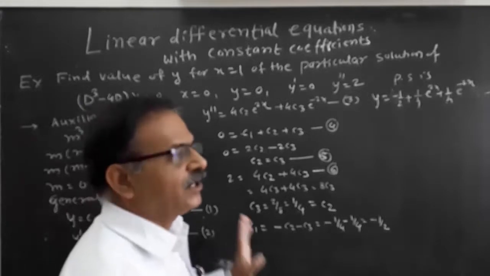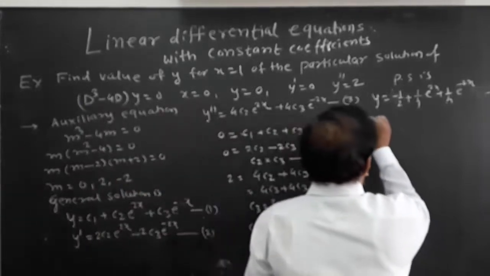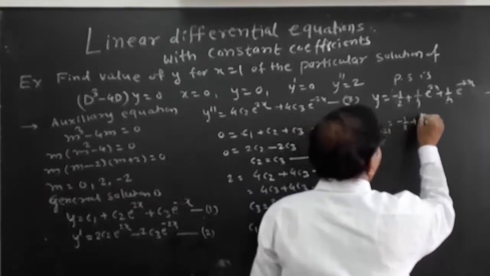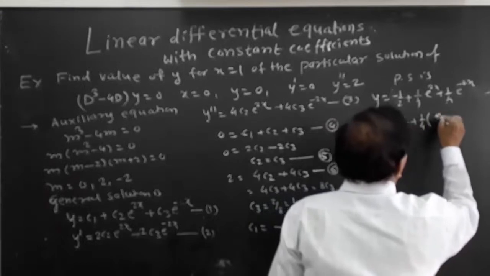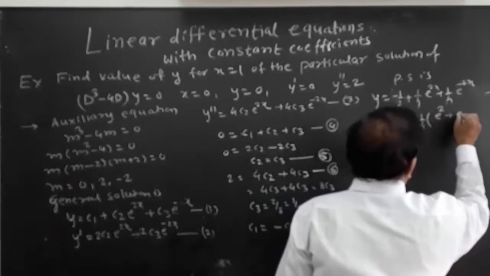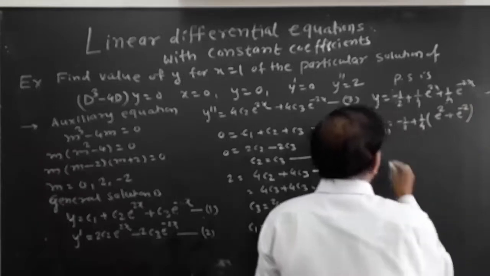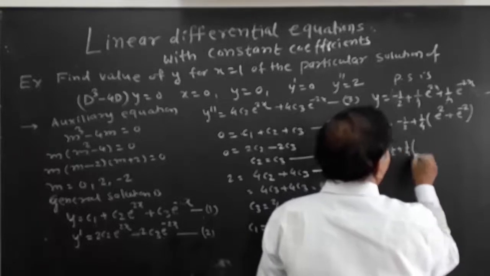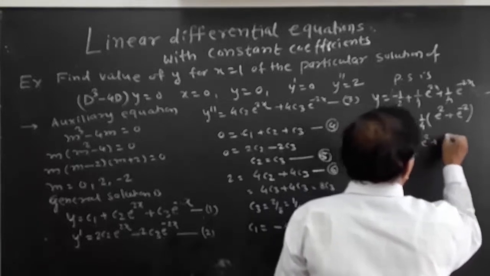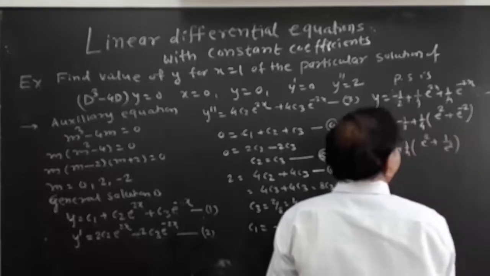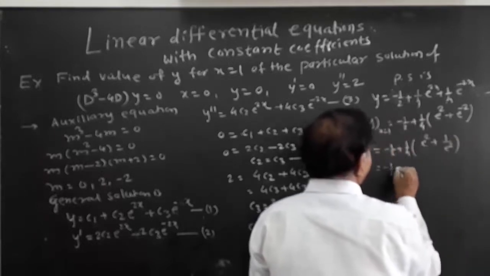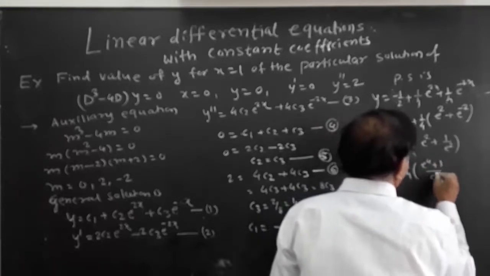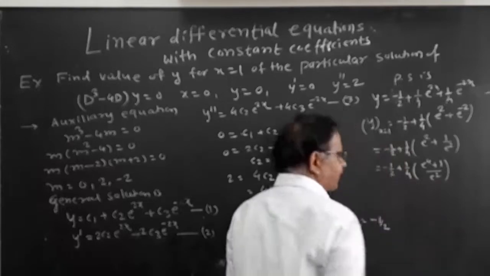Therefore, y at x equal to 1 equal to minus 1 by 2 plus 1 by 4 times (e raised to 2 plus e raised to minus 2), which is equal to minus 1 by 2 plus 1 by 4 into (e square plus 1 by e square). This is the value of y at x equal to 1.